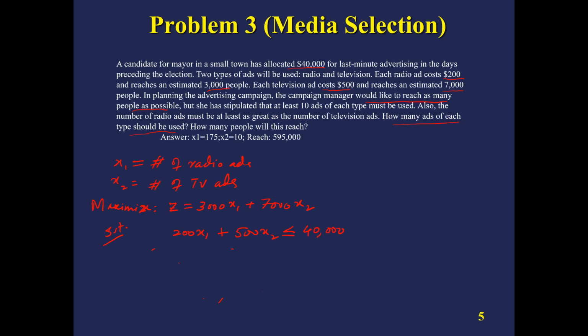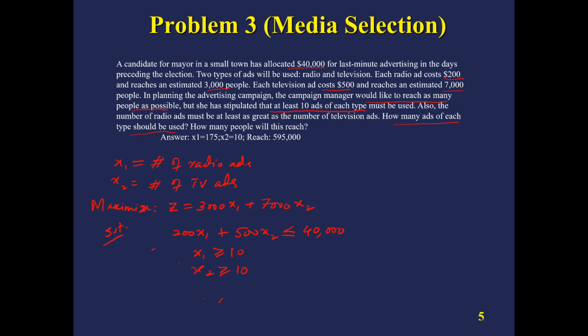This is budget constraint. Then we have constraint like that: at least 10 ads of each type must be used. So we can say that x1 is greater or equal to 10, x2 greater or equal to 10. All right.